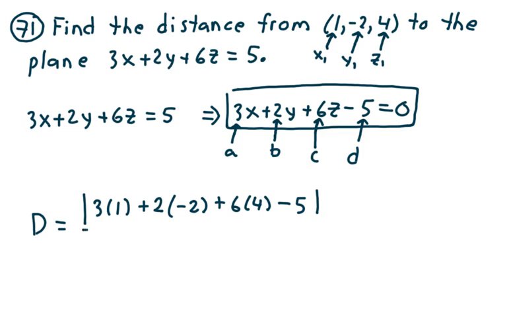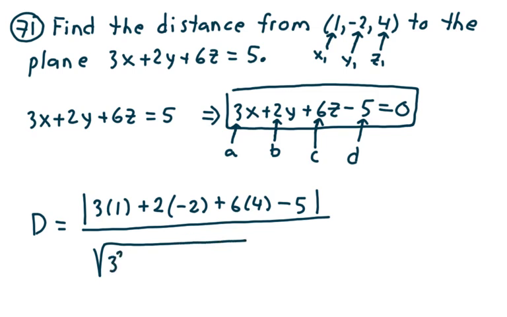And I'm going to take that result and divide by the square root of a squared, which is 3 squared, plus b squared, which in this case is 2 squared, plus c squared, which in this case is 6 squared.